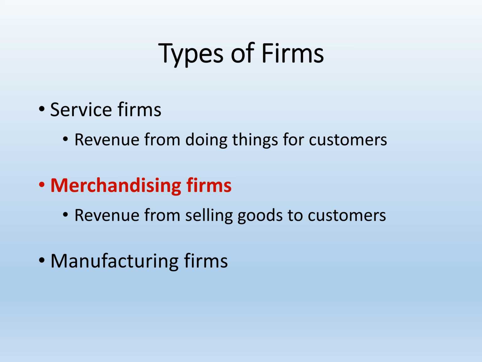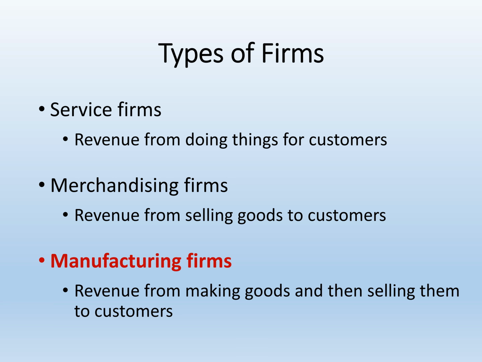Merchandising firms buy merchandise from somebody else and then generate their revenue by selling those goods to their customers. And manufacturing firms make the goods and then generate their revenues from selling those goods to their customers.